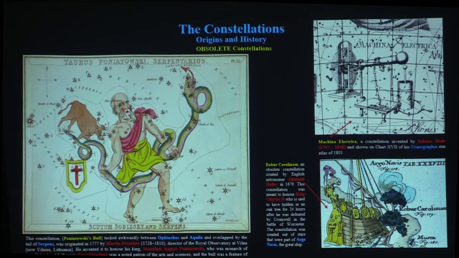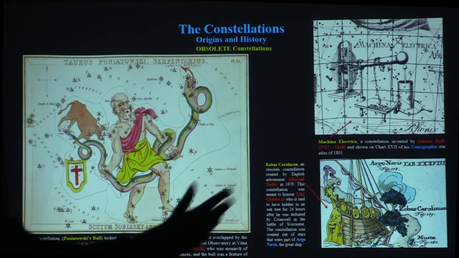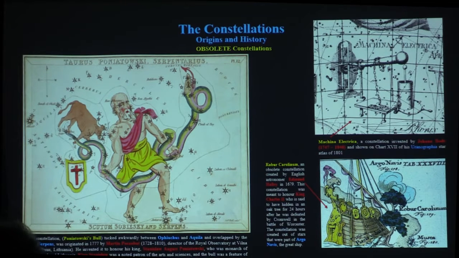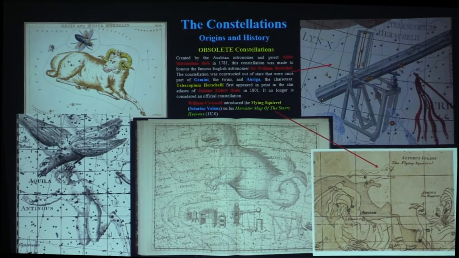This constellation was meant to honour King Charles, who is said to have hidden in an oak tree for 24 hours after he was defeated by Cromwell in the Battle of Worcester. The constellation was created out of stars that were part of Argo Navis. So, there you go. Another interesting thing, another failed constellation, didn't catch on. I love these. Here are some other obsolete constellations.